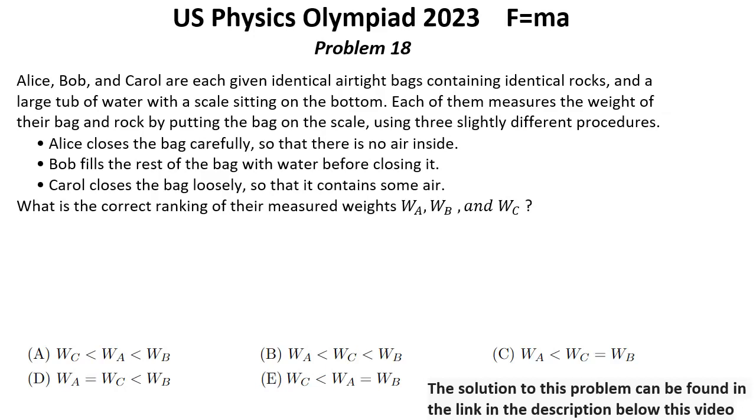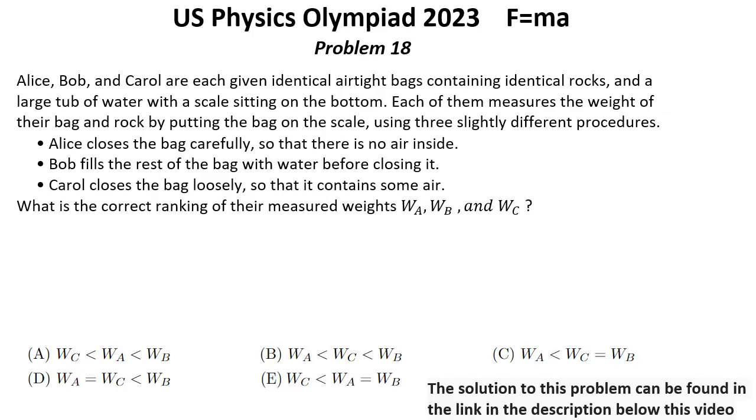Problem 18. Alice, Bob and Carol are each given identical airtight bags containing identical rocks and a large tube of water with a scale sitting on the bottom. Each of them measures the weight of their bag and the rock by putting the bag on the scale, using 3 slightly different procedures.